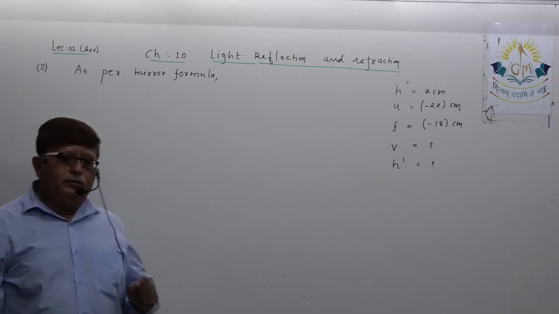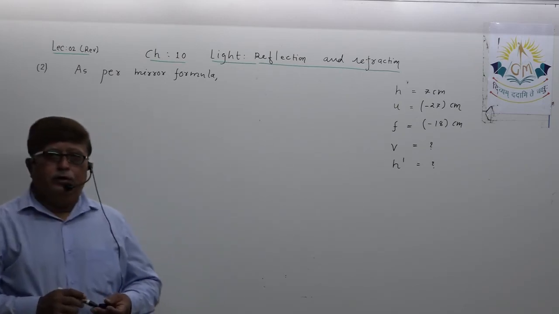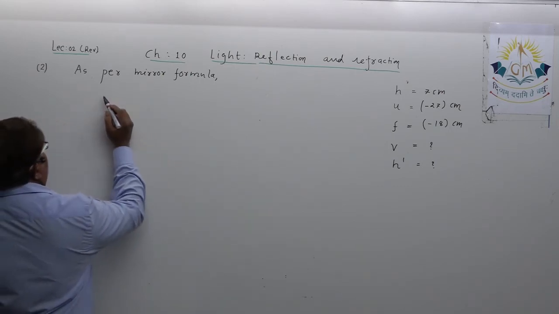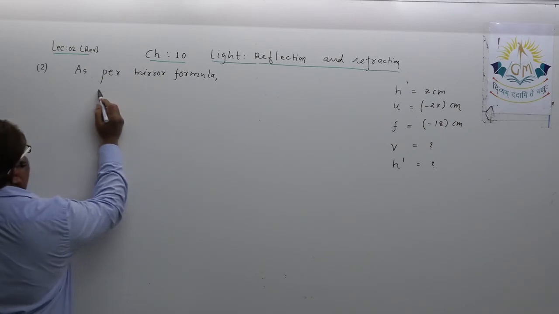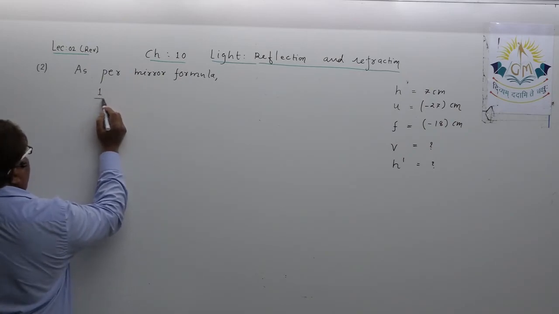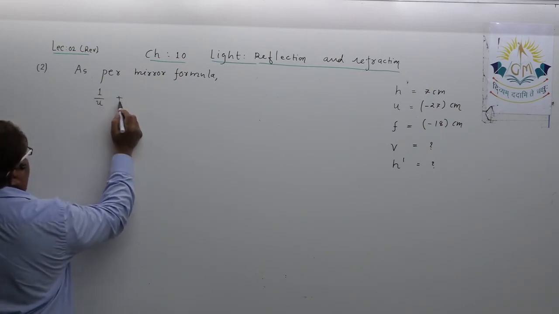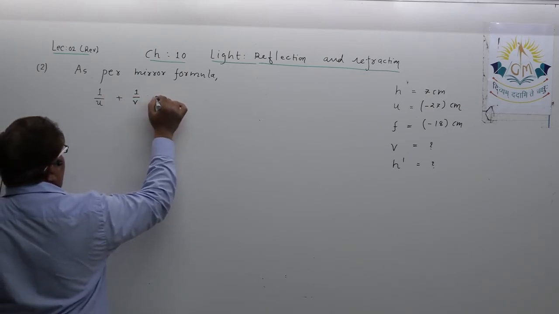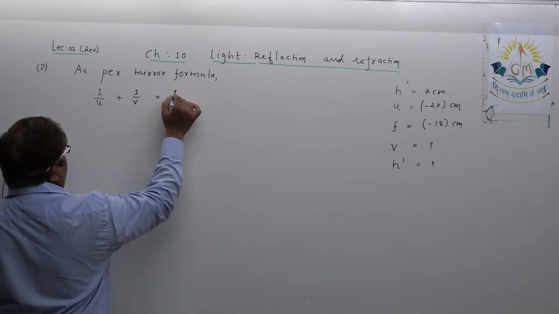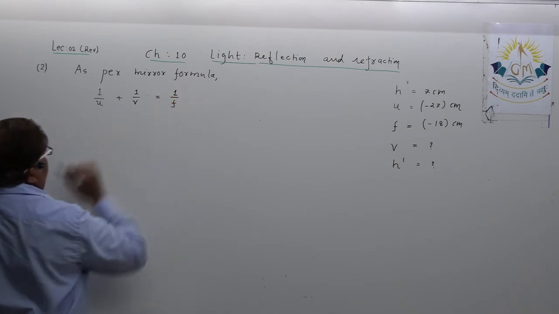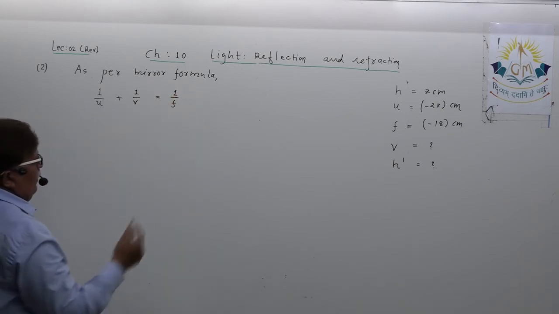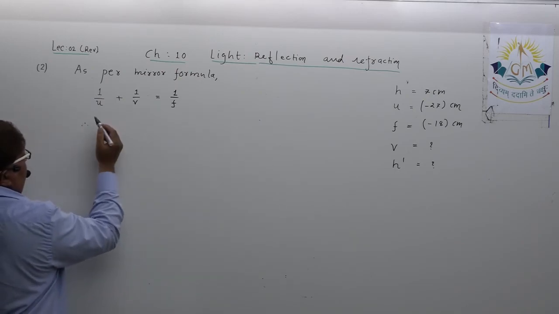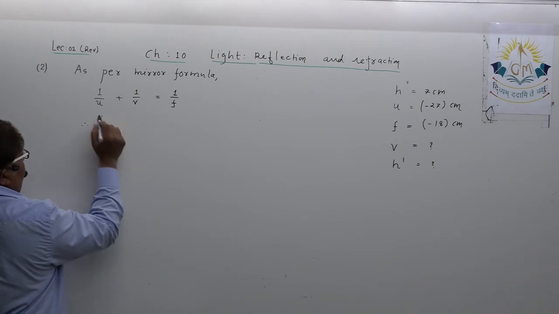As per mirror formula, let us write 1 upon u plus 1 upon v equals 1 upon f.